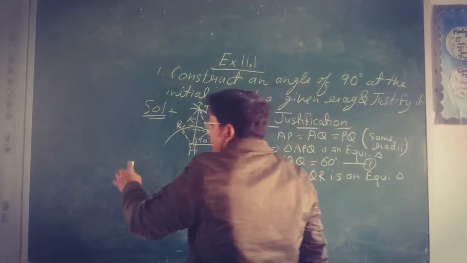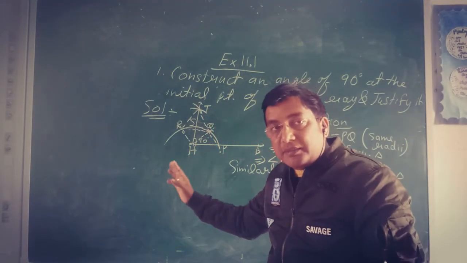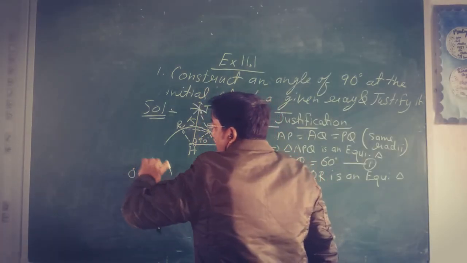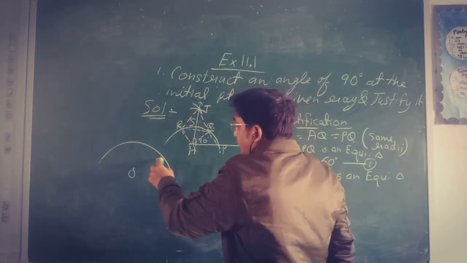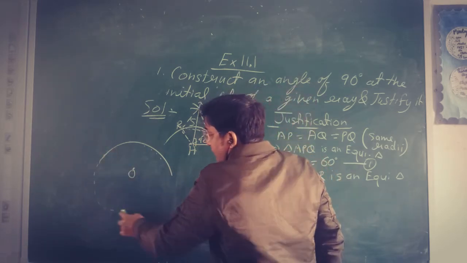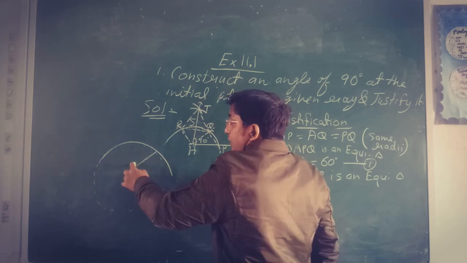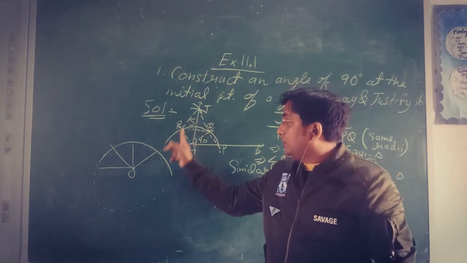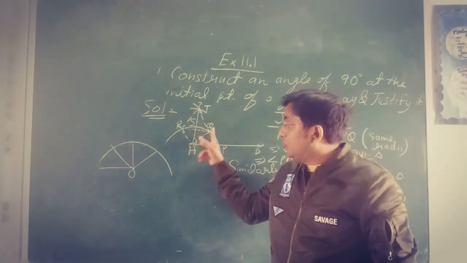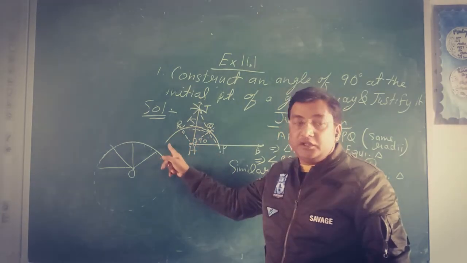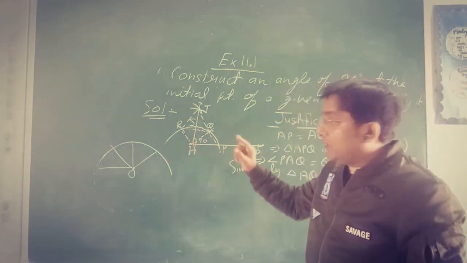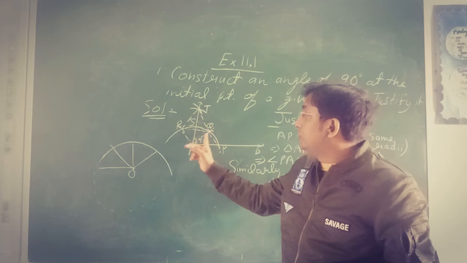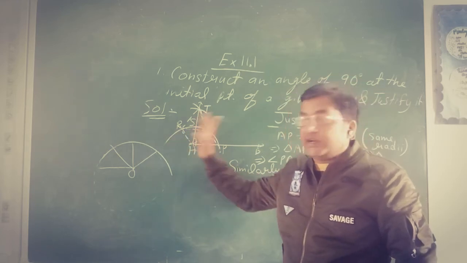Suppose from this point O you are drawing an arc here. This is actually a part of a circle, so any point will be equidistant, because they have the same radii. It is drawn from A, so the distance from A to Q and A to R will be equal. And the same distance has been taken from Q to R. So this is also equal, hence this is an equilateral triangle.